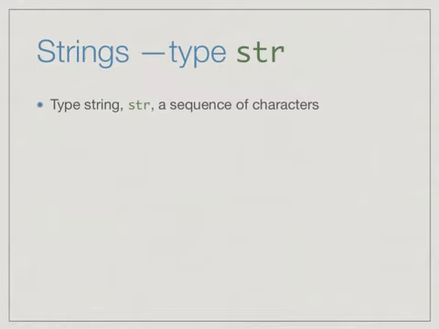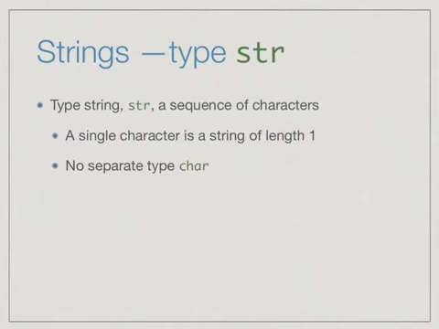So Python uses the type string for text, which internally is called str. So we will use the word string instead of str because it's easier to say. So a string is basically a sequence of characters. Unlike other programming languages, Python does not have a specific character type to distinguish a single character from a string of length 1.